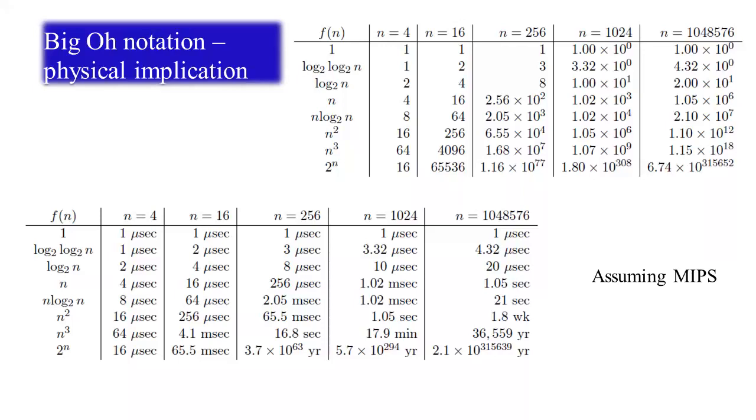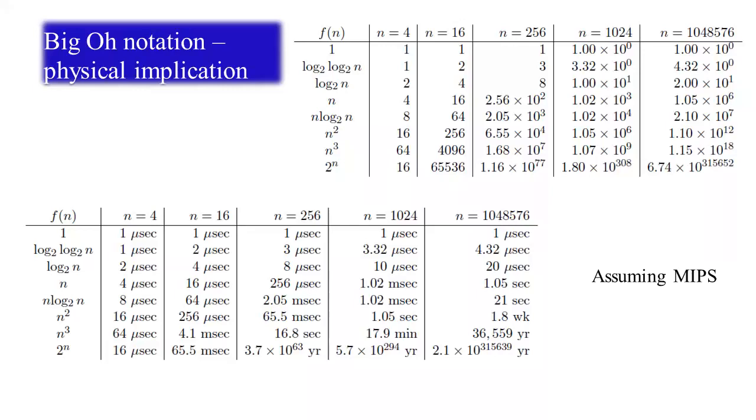Now look at the last but one row, the cubic. I told you cubic and exponential are in fact very, very rare. When you look into the cubic complexity, for n equal to 1024, it's slightly okay, 17.9 minutes. But as it goes to n equal to 2 power 20, you can see that it is 36,559 years to complete the operation on a machine that executes a million instructions per second.